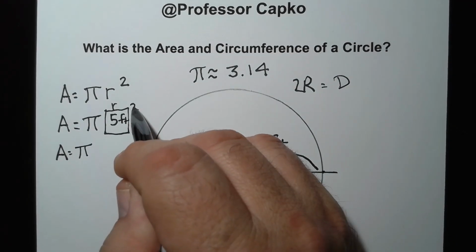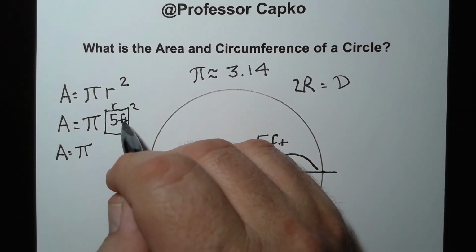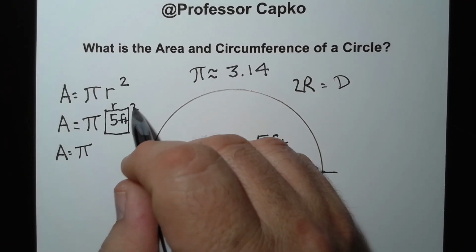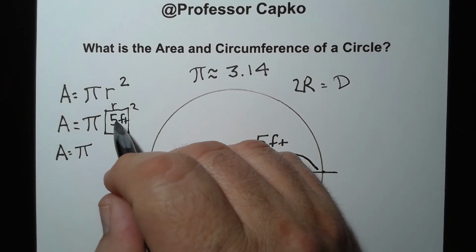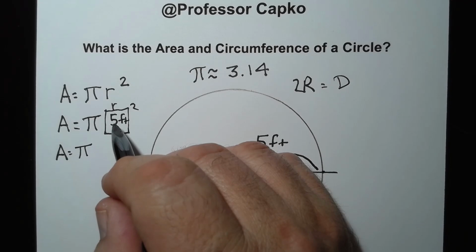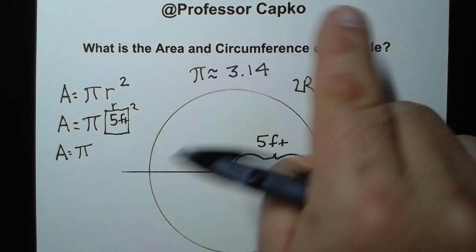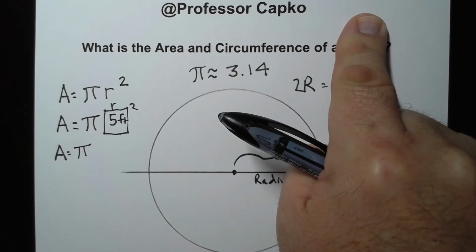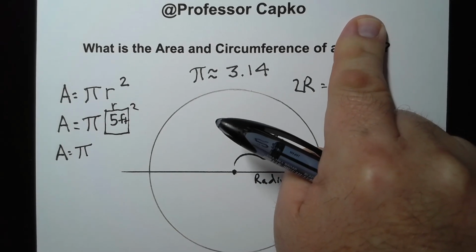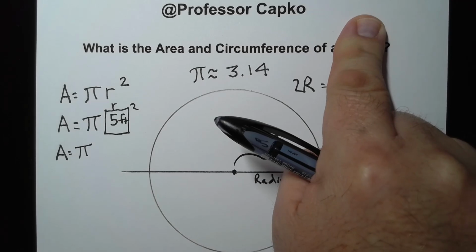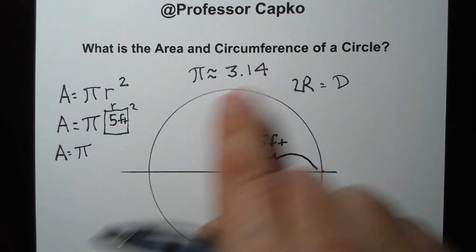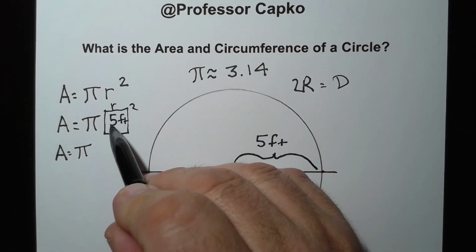We haven't done anything to it. 5 squared is 5 times 5. Remember, it's not 5 times 2. It's 5 times 5. If you don't remember how to do squares or exponents and powers, I've got a video linked up here with some, I would call them pitfalls, some things that I see students make mistakes with. So check out that video.